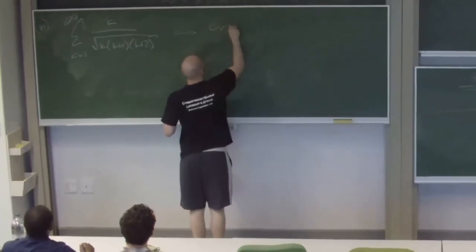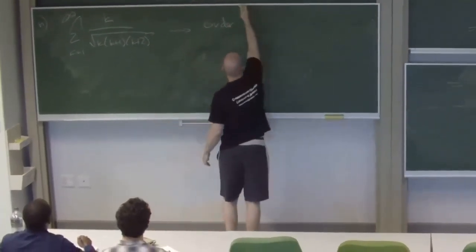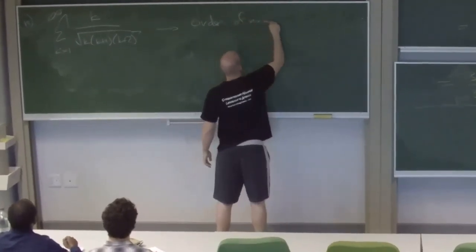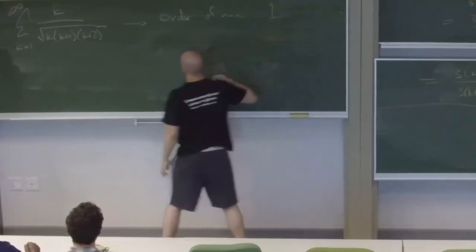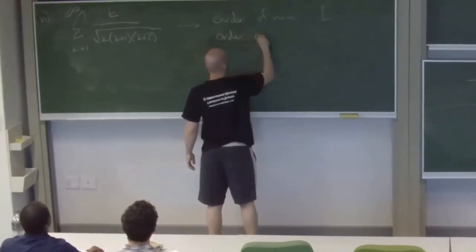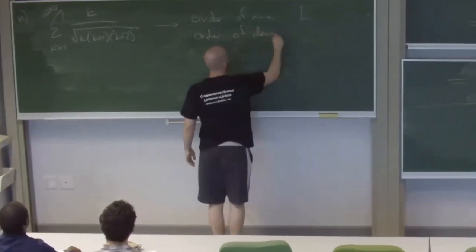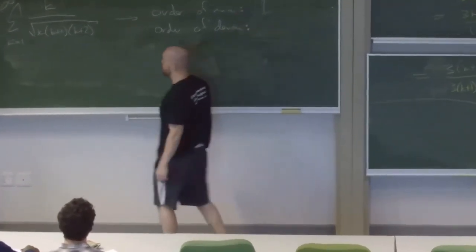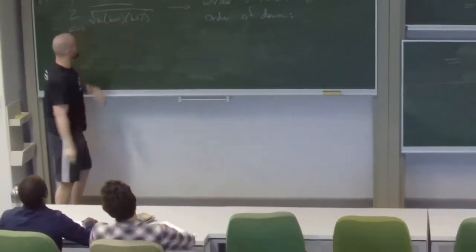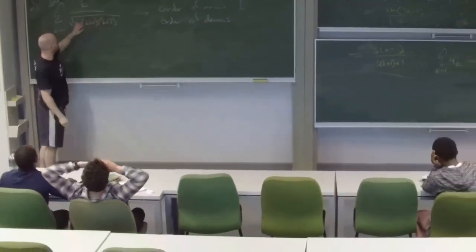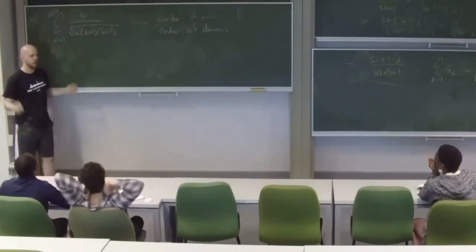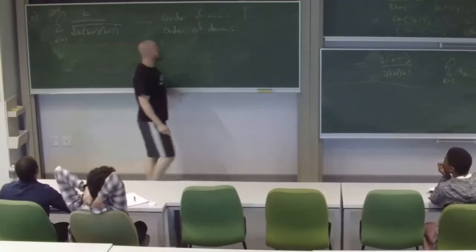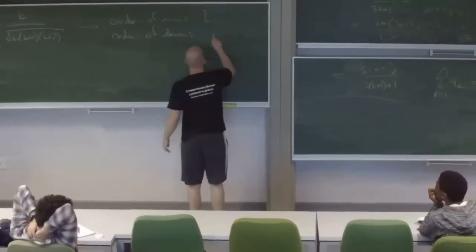So order, and when I say order, I mean order as k goes large. So order of numerator, that's just 1. Order of denominator, well, you might ask me, what do I think of this as the order? Well, this polynomial inside of the square root has order 3, right? It's a cubic polynomial. And then with the square root in front, it's kind of like order 3 over 2.